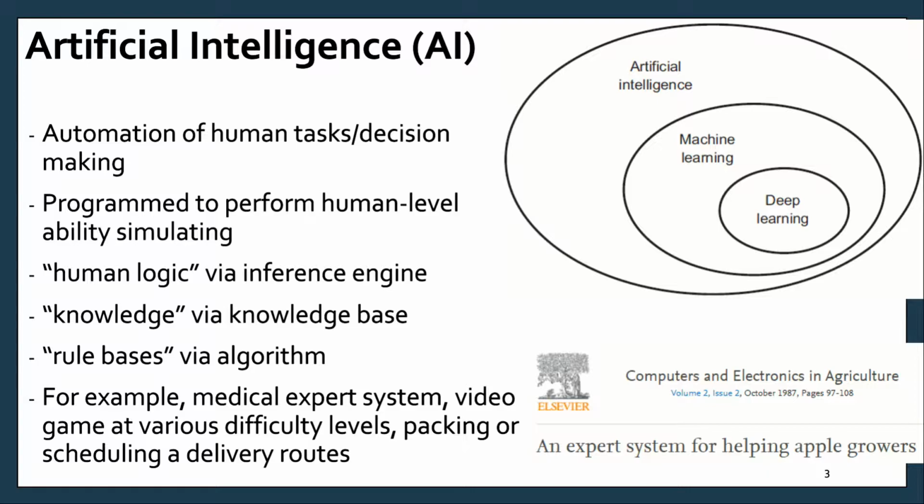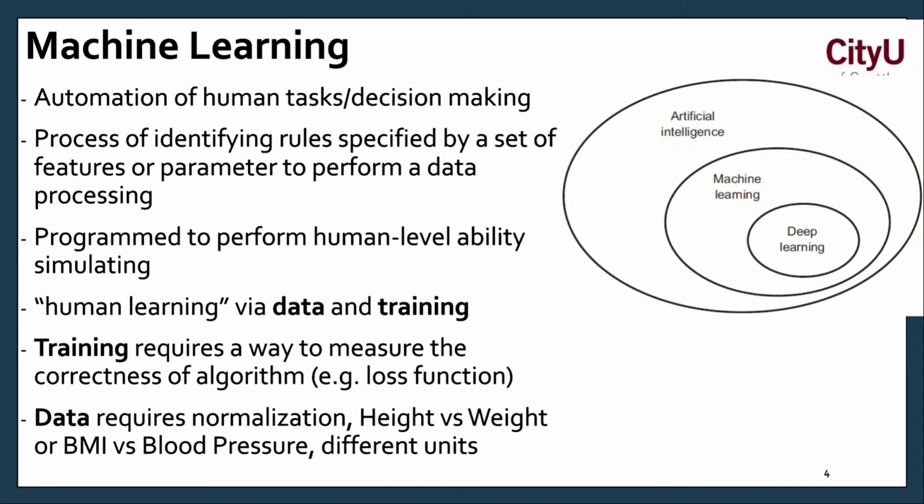On the right-hand side, you would see that deep learning is a subset of machine learning, and machine learning is a subset of artificial intelligence. Machine learning is still an automation of human tasks and decision making, right? We want to identify the rules specified by a set of features or parameters to perform data processing.